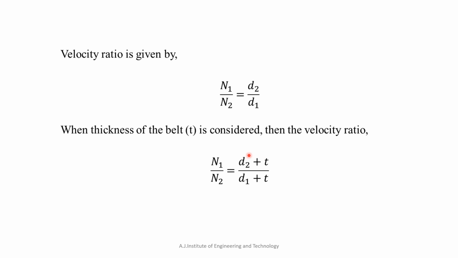So this is the final equation. I hope all of you understood the velocity ratio of a belt drive. If you consider thickness, then this is the velocity ratio. If you do not consider the thickness of the belt, then the speed is inversely proportional to diameter, so n1 divided by n2 is equal to d2 divided by d1.